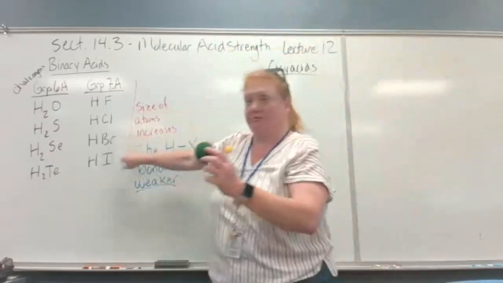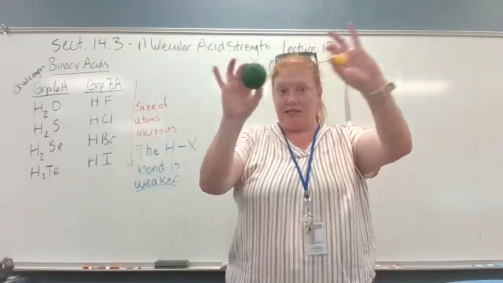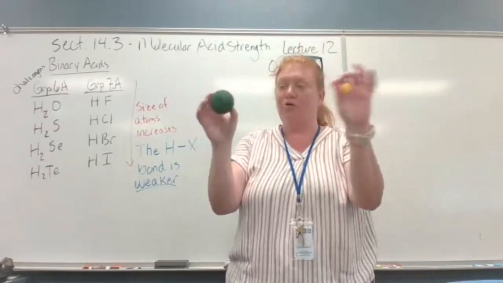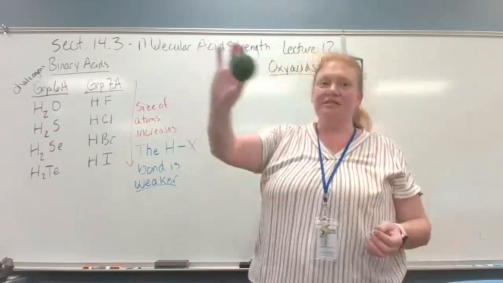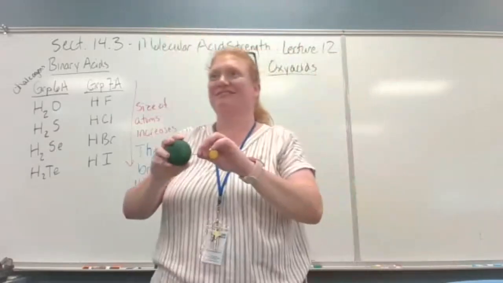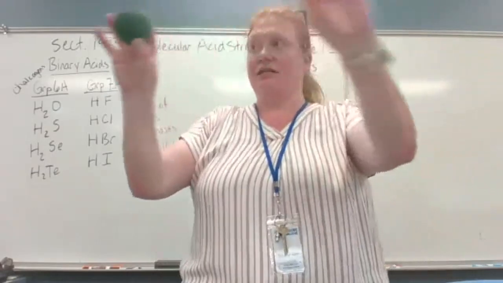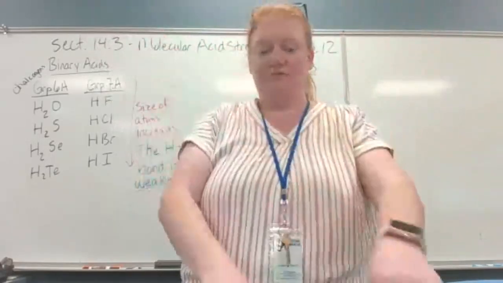As it gets bigger, this is not as tightly held of a bond. Why? Because this is a big old fat atom. This H is a little easier to come off.